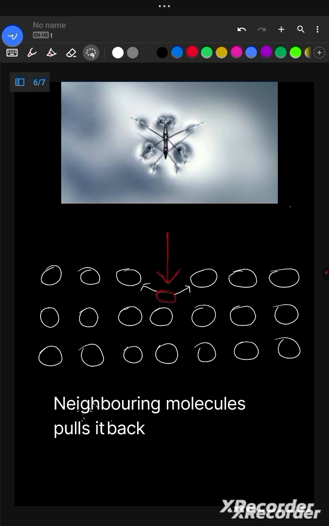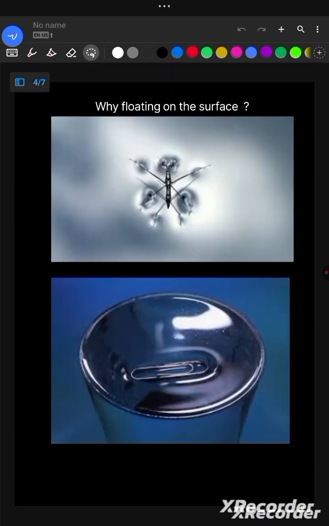Now, what if we break the force of attraction on the surface of water? When the force of attraction from the neighboring molecules is broken, the object would sink. How is it so? For example, if we carefully place this pin on the surface of water, it will float.